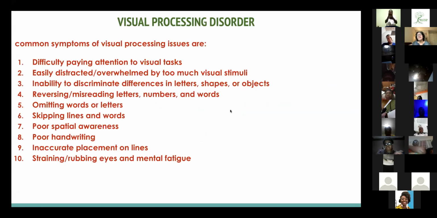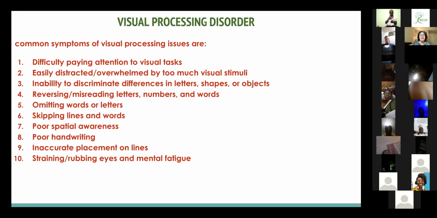What are the common signs and symptoms of children with visual processing issues? Again, there is an overlap with kids with learning disabilities in reading, writing and spelling. They will find it difficult to pay attention to visual tasks, and are easily distracted and overwhelmed by too much visual stimuli.